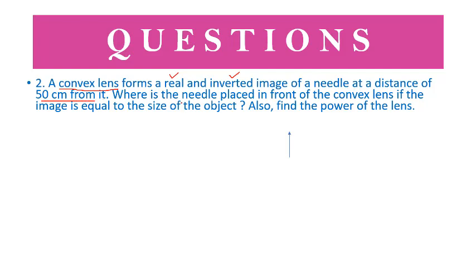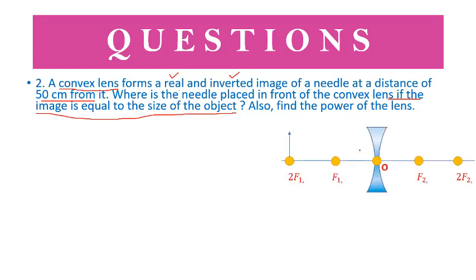So we have v. If the image is equal to the size of the object, magnification equals -1. Why -1? Because it is real and inverted. H dash by H equals 1 and magnification will be -1 also. We have to find the power P of the lens.